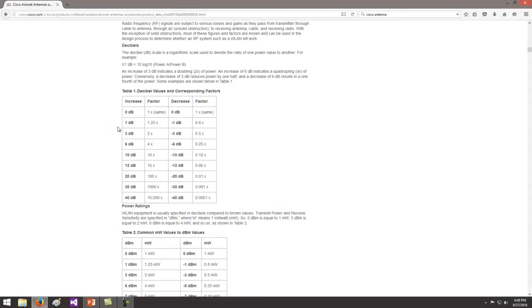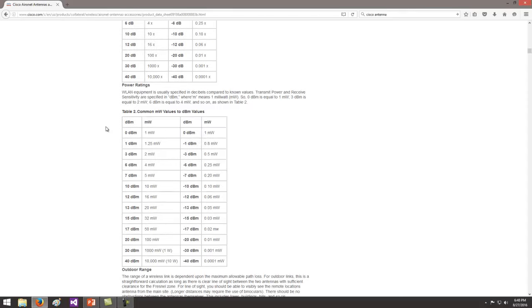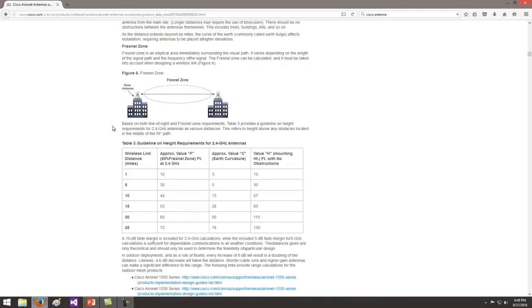Again, you see this measure, the 1 dB, 3 dB, that kind of stuff. So remember, 0, that's the reference, which again is very slow. They talk about the Fresnel zone.